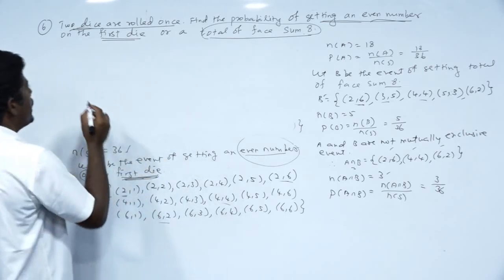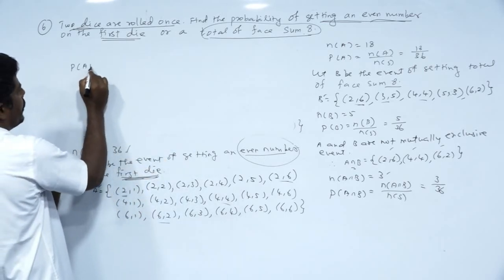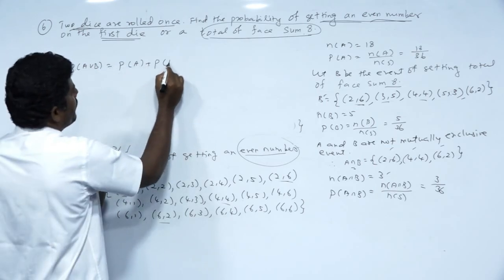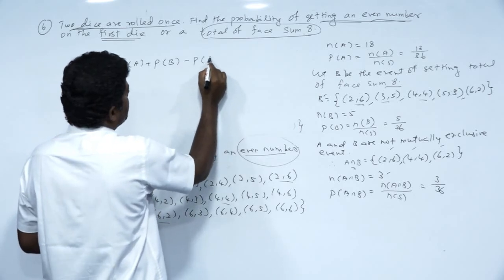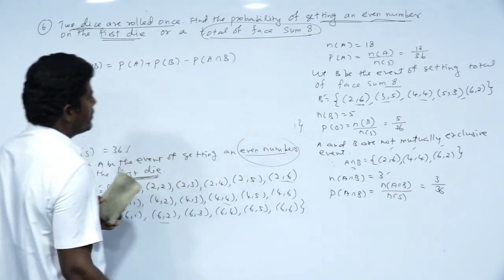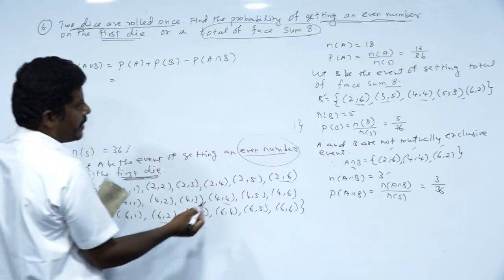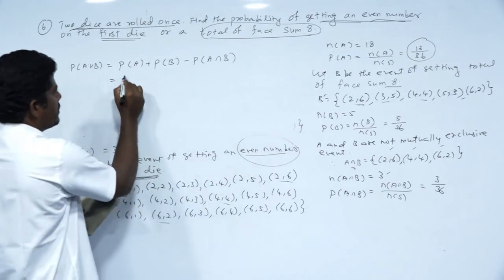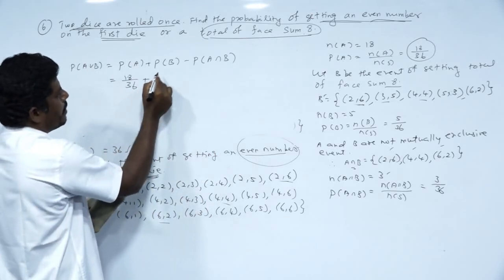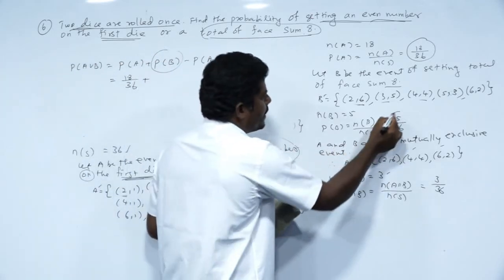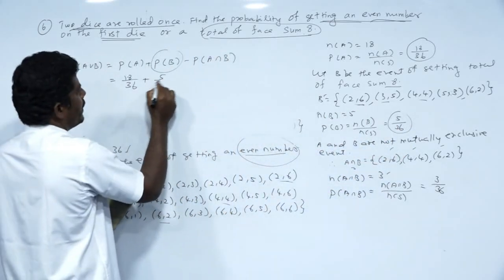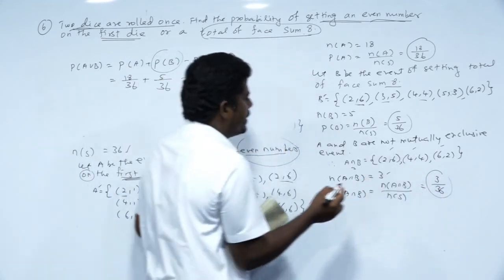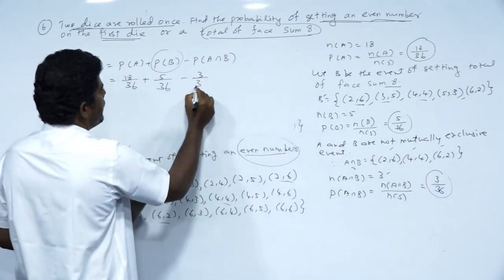Addition theorem for two events. Probability of A union B is equal to probability of A plus probability of B minus probability of A intersection B. Now the value of probability of A is 18 divided by 36, plus probability of B is 5 divided by 36, minus probability of A intersection B is 3 divided by 36.